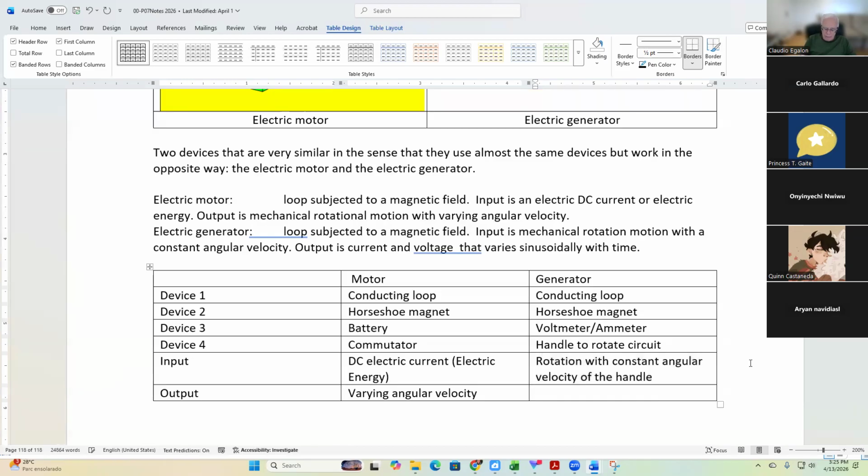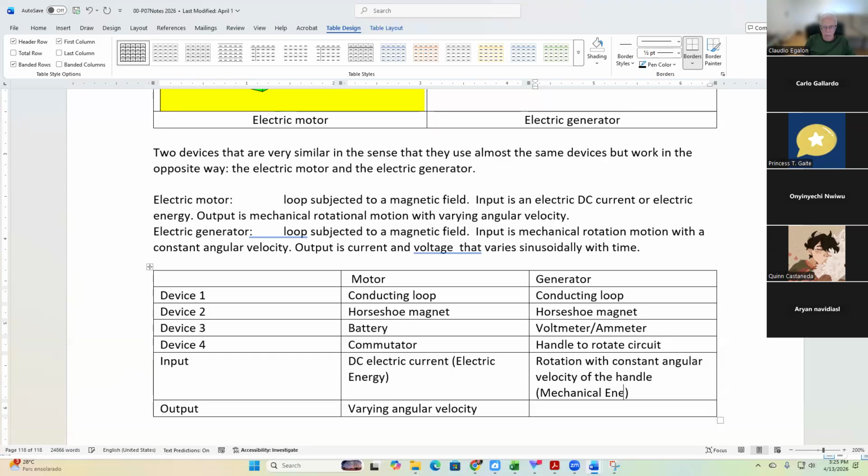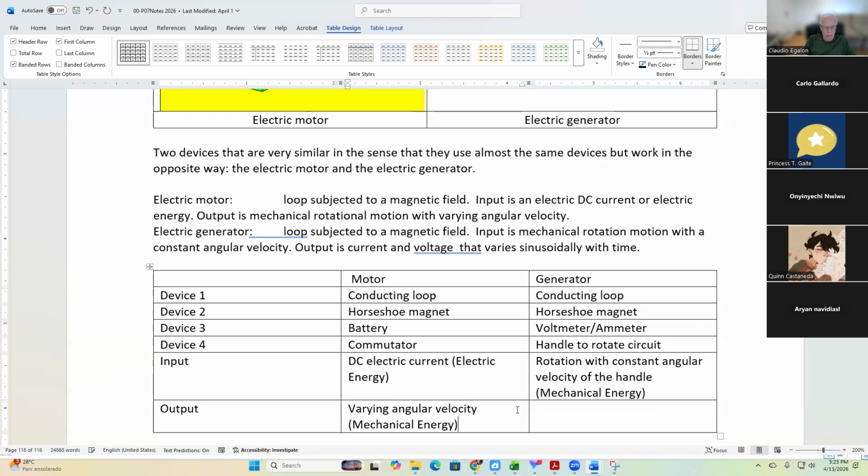Here, the input is mechanical energy. Varying angular velocity, and here is going to be mechanical energy.